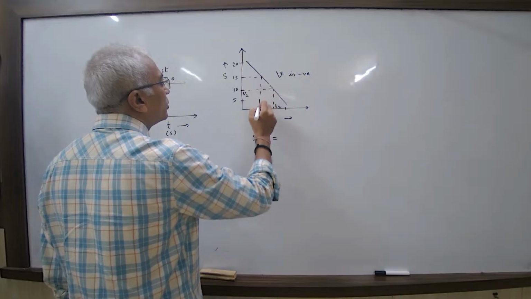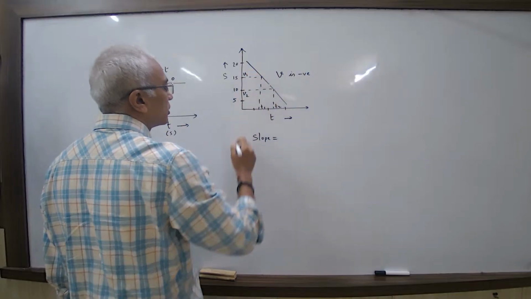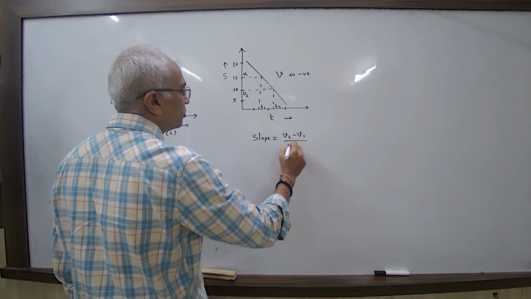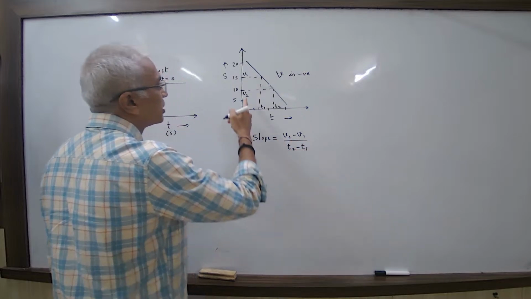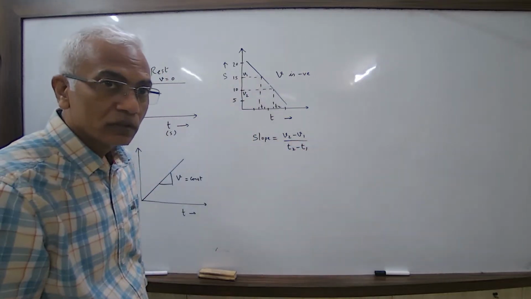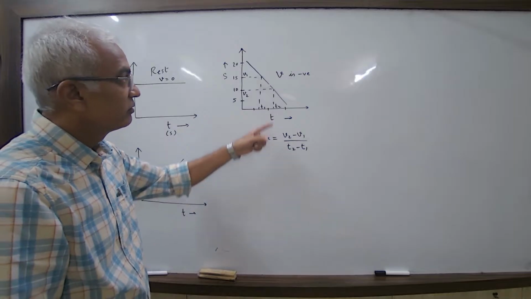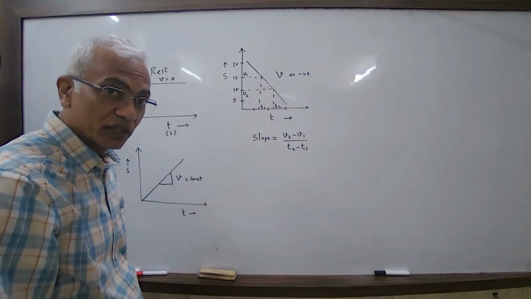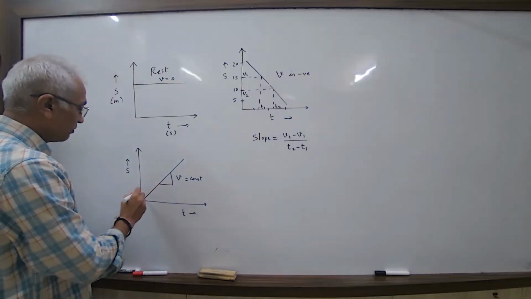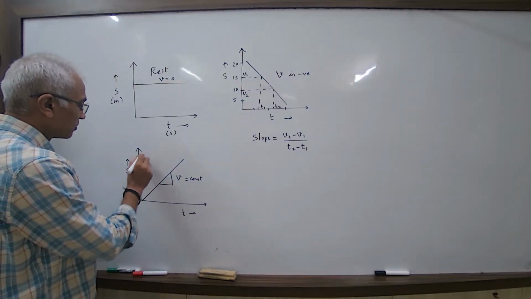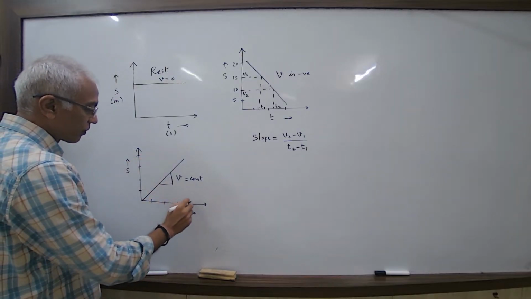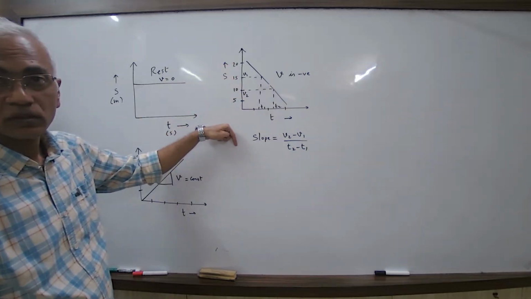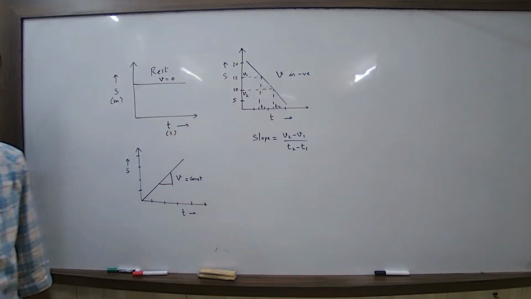T2 will give me V2 here, T1 will give me V1 here. The slope is always V2 minus V1 upon T2 minus T1. So in this case, V2 is less than V1. V2 less than V1 will give negative velocity, which means object traveling in the opposite direction. Here object is going away from the origin. See? Here the object is with time going towards the origin. So motion is in the opposite direction.